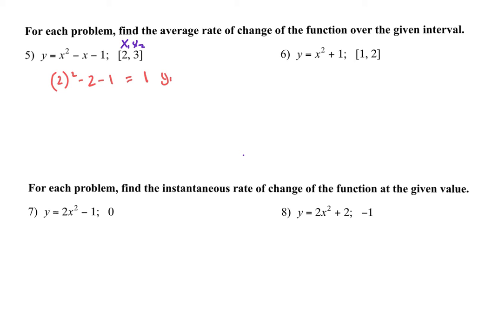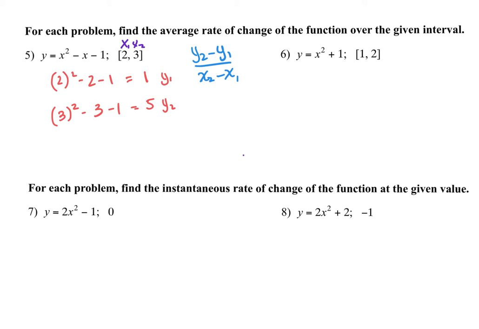My second y is going to be what happens when I plug in a 3. 3 squared minus 3 minus 1. So I have 9 minus 4 gives me 5. That's my second y. And then I'm just going to do my slope formula. Remember your slope formula. It's just your subtraction of your y's over the subtraction of your x's.